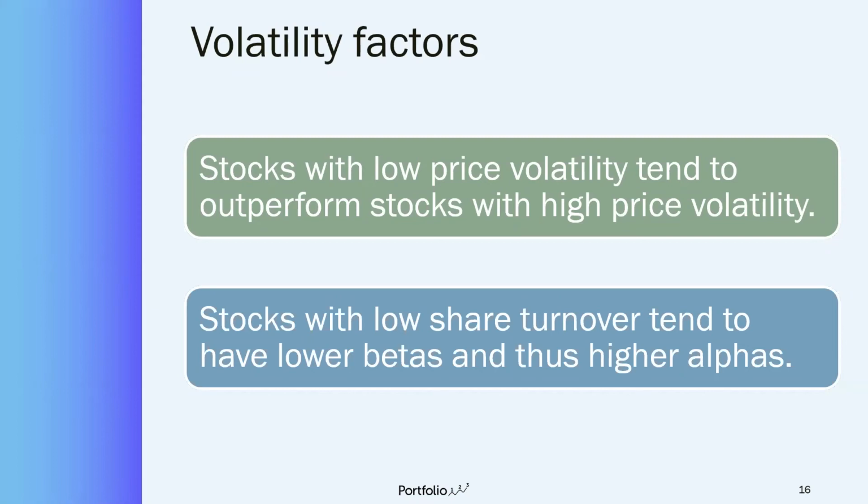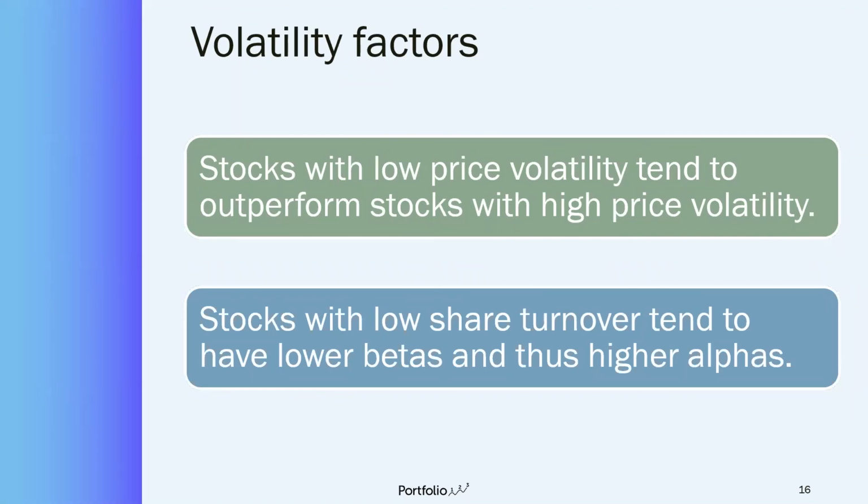This only applies to certain markets, market conditions. For example, from the second quarter of 2020 to the first quarter of 2021, this was not true at all. Stocks with high price volatility outperformed stocks with low price volatility by leaps and bounds. So a lot of this depends on market conditions.